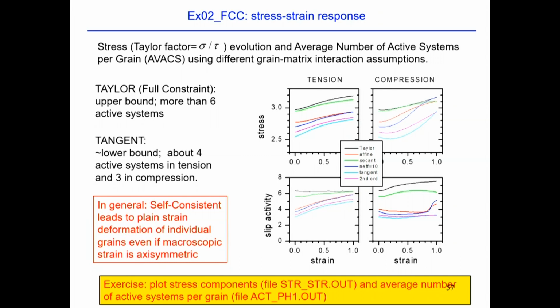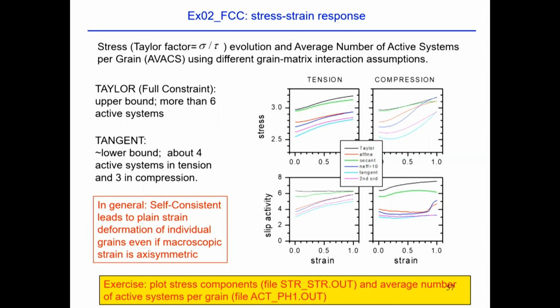These are the different interactions that you can use. Taylor is a very stiff interaction, meaning that because you force every grain to deform the same, the grain doesn't have any freedom to deform more or less. In a way, it is the case where the surrounding matrix is forcing the inclusion to deform exactly as the matrix is telling.